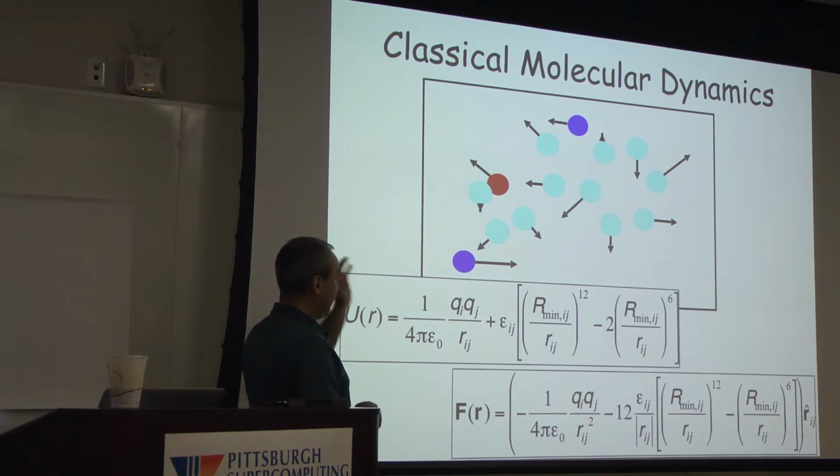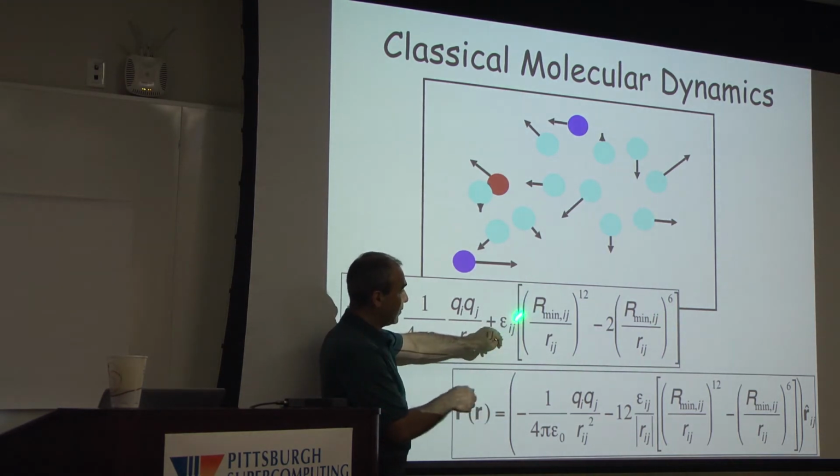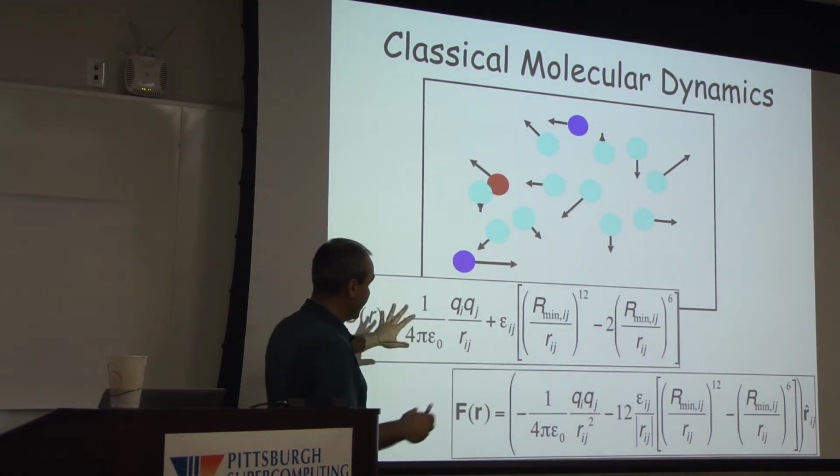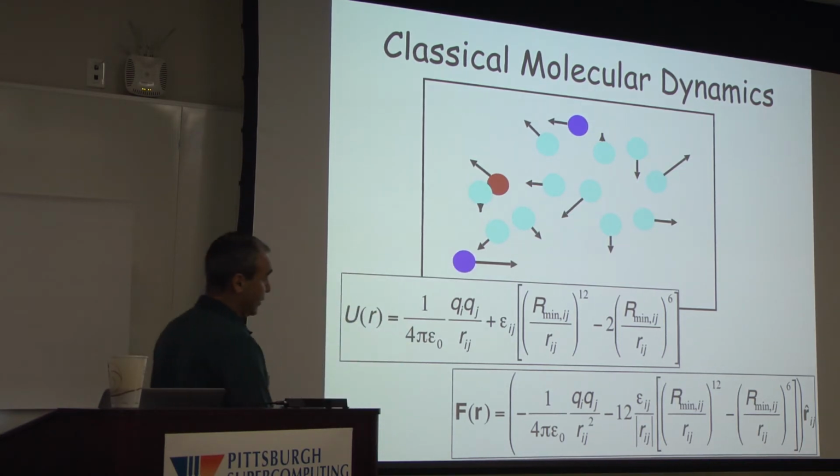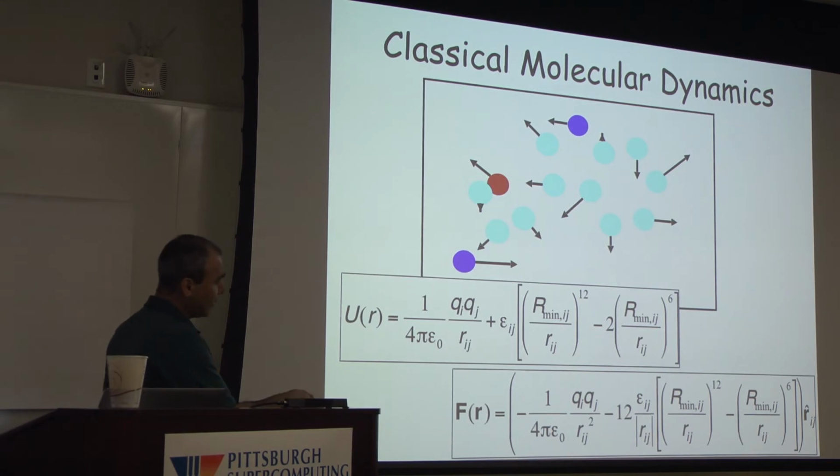Okay. And these are between every pair of atoms. In addition to that, if you carry electrostatic charge on these particles, then you will also have the electrostatic interaction, which we describe using Coulomb's law. Charge on particle 1, charge on particle 2, divided by their distance, with a bunch of constants to get the units right.